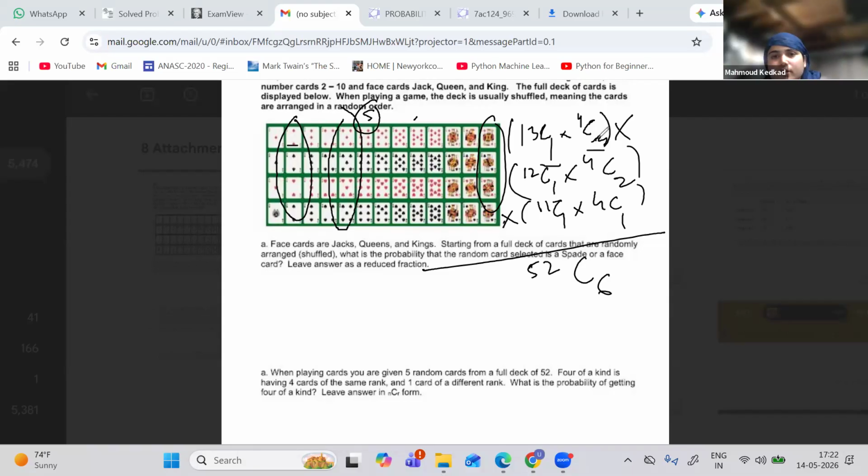Then you do 12C1, 4C3, and then you do 11C1, 4C1, over 52C6.